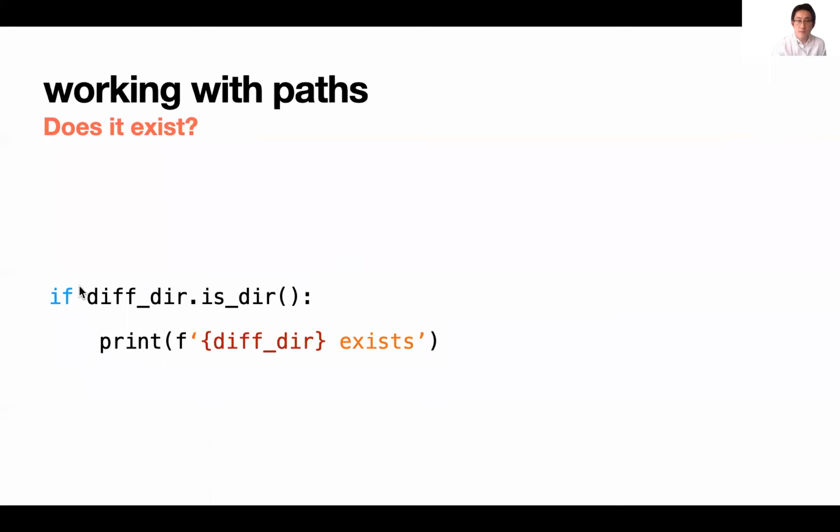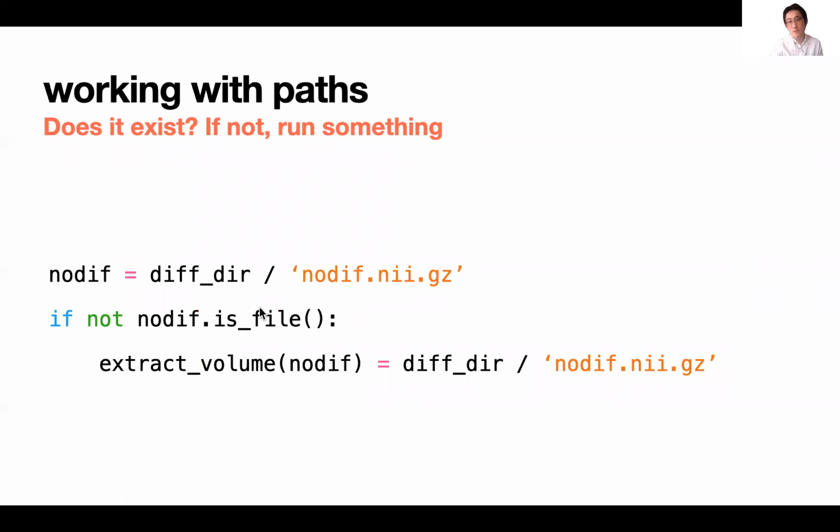Okay, we tried an if statement in the first lecture. So we could do if this, do that, if not this, do this. So you can mix that with is_dir or is_file. So if that file exists, don't run this. If that file doesn't exist, run that. You can do it something like this.